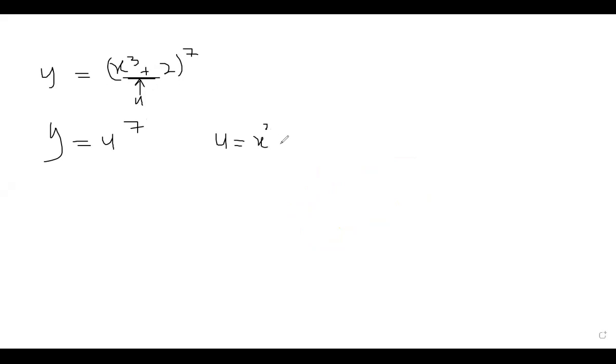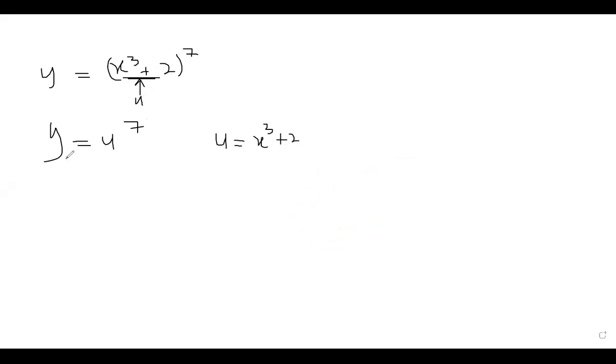So you have the function as x cubed plus 2, all raised to the power 7. This is one function, and then the outside function is u raised to the power 7. So you will let this be equal to u, like we said. It means that y will now be u raised to the power 7, whereas u is another function, which is x cubed plus 2.